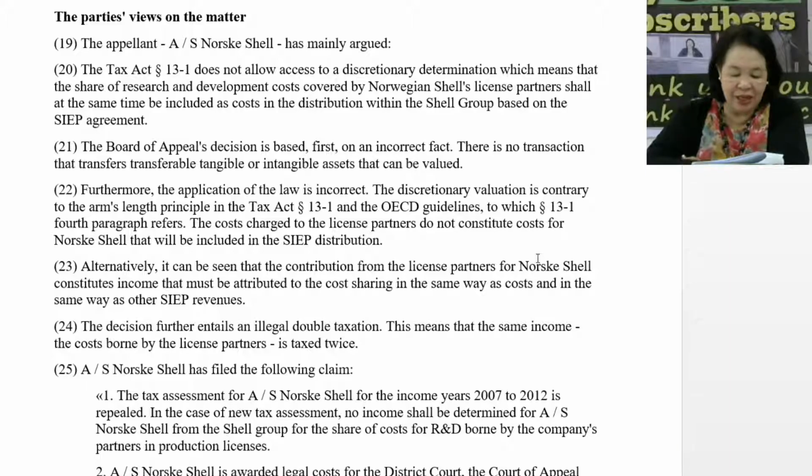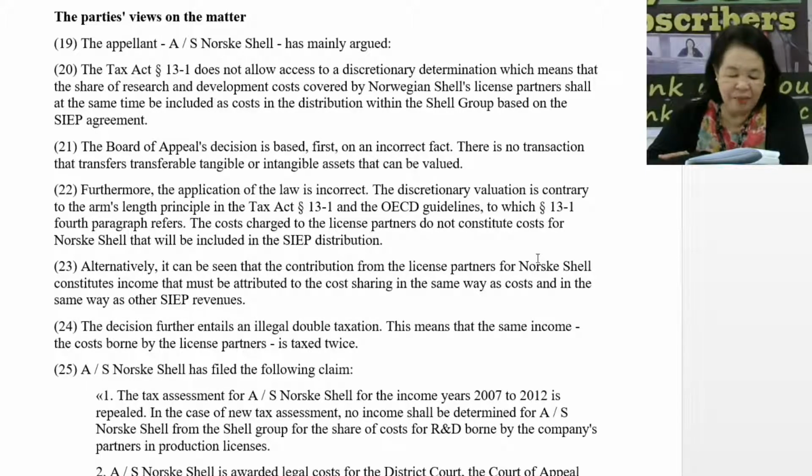Alternatively, it can be seen that the contribution from the licensed partners for Norske Shell constitutes income that must be attributed to the cost sharing in the same way as cost and in the same way as other SIEP revenues. The decision also entails an illegal double taxation. No? So yun ang tindi ng mga issue nila.